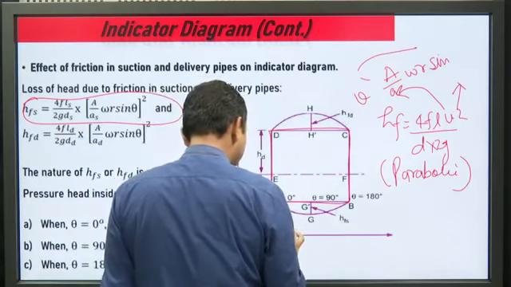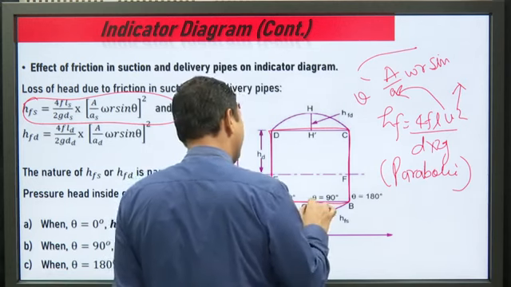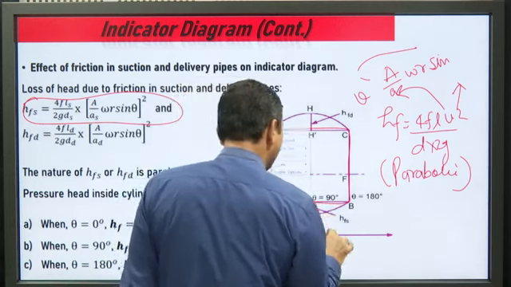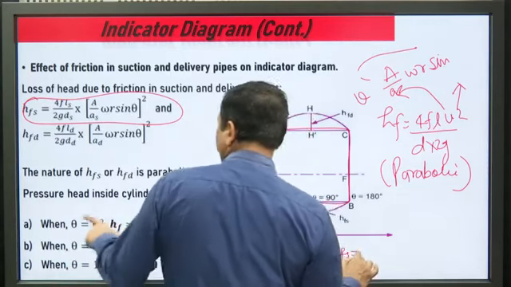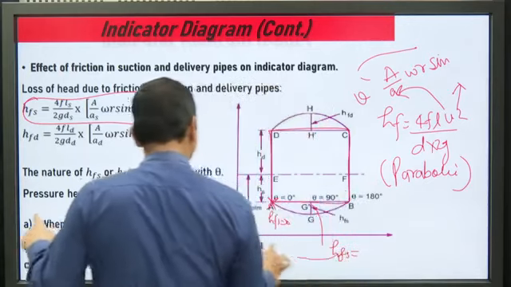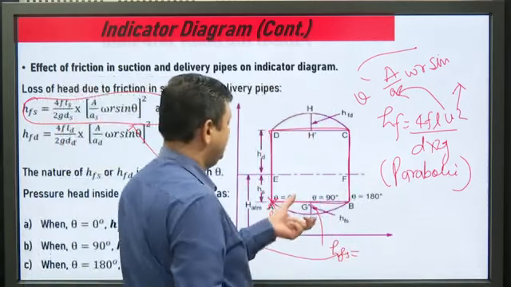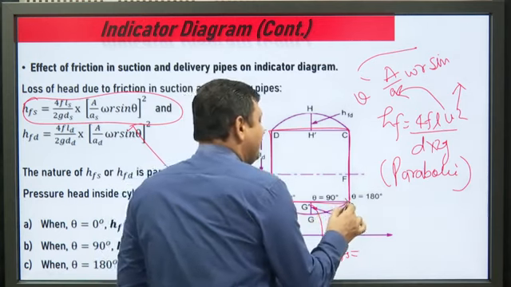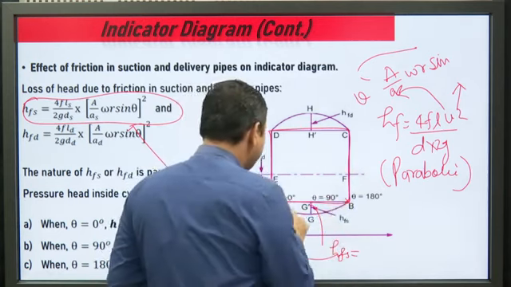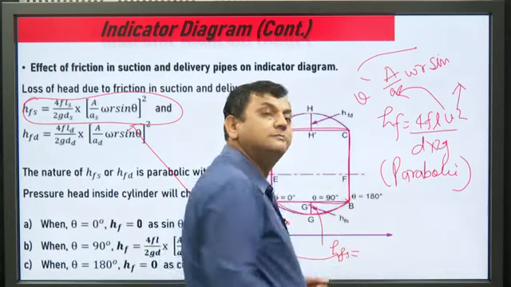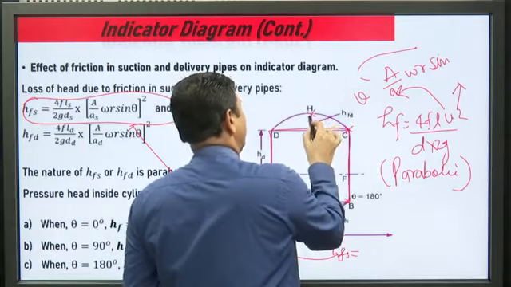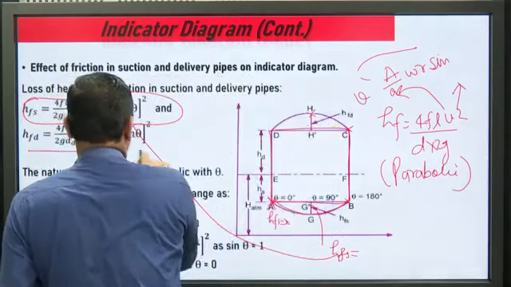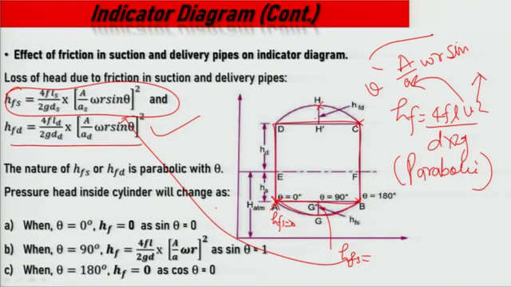At the middle point there is some value, and this value is the calculated HFS. Again at point B it is 0, and the nature is a parabola. Similarly in the delivery stroke, we calculated HFD, and the nature is a parabola.